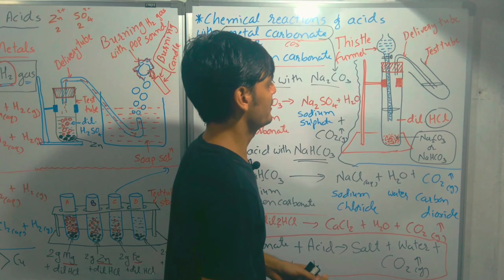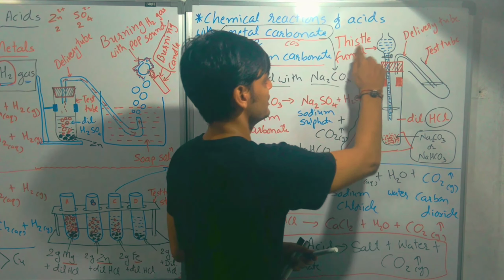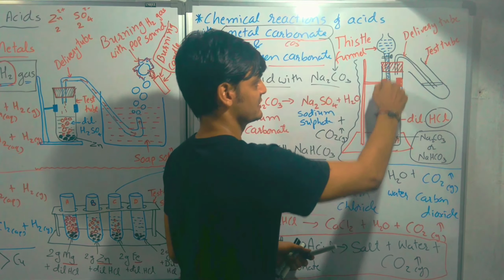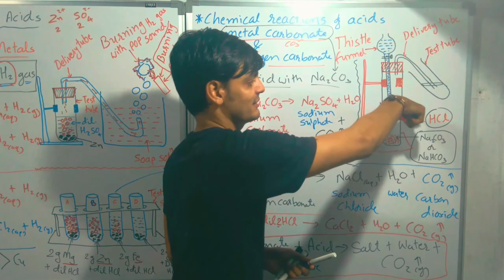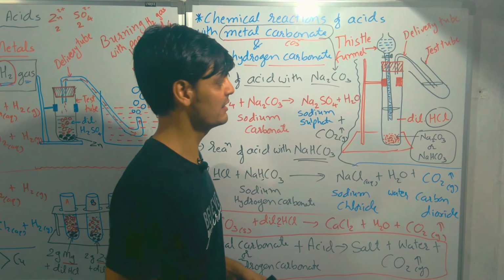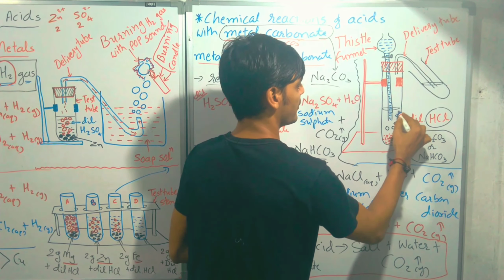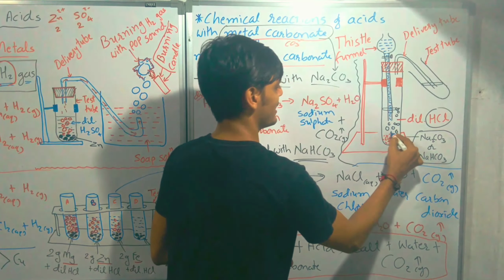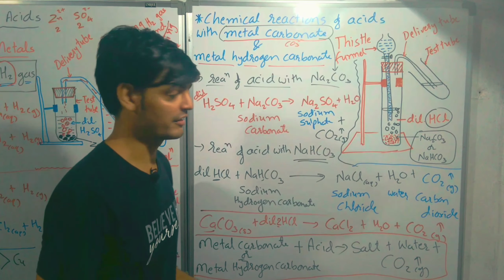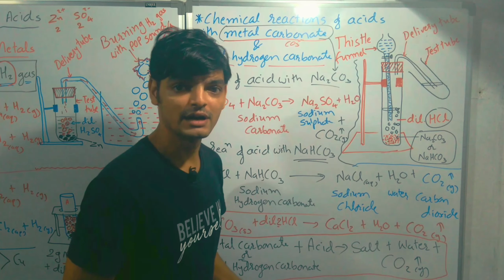And see, this is the thistle funnel. You are continuously adding the hydrochloric acid from this thistle funnel, and the bubbles will be formed. Now you can tell which bubbles are forming, actually these are carbon dioxide.